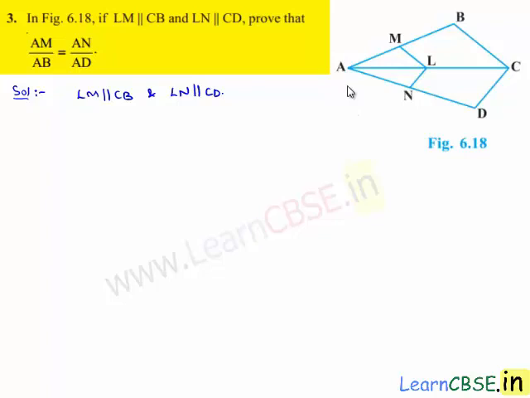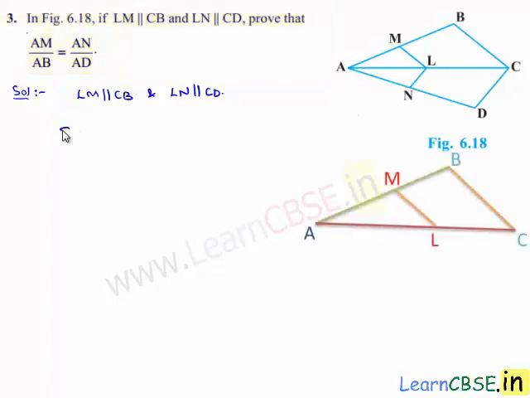In order to prove this, let us consider the two triangles separately, that is ABC and ACD. If we consider triangle ABC, he says that LM is parallel to CB.